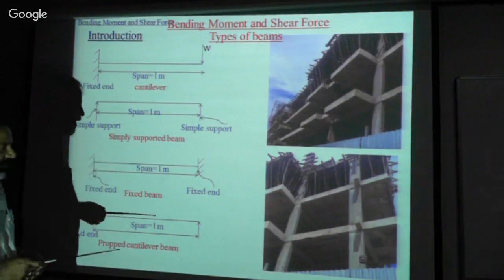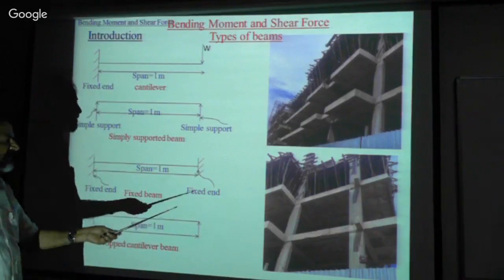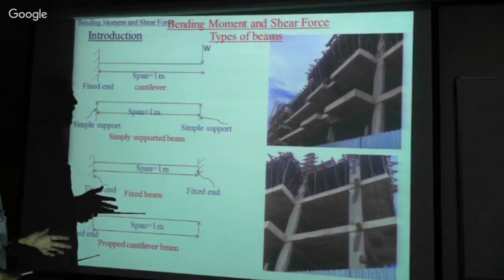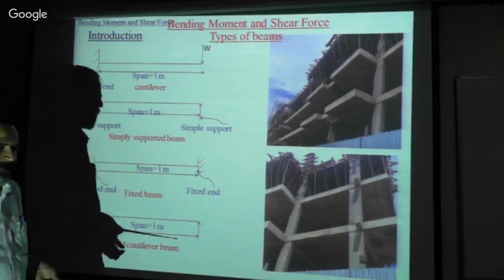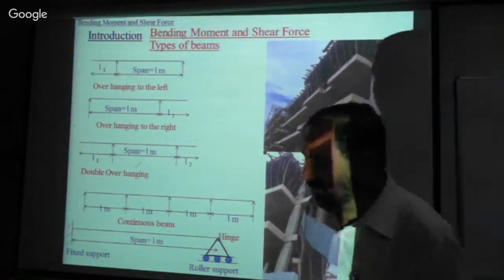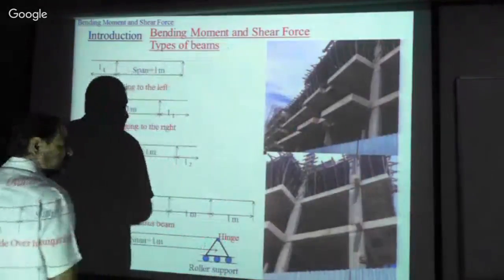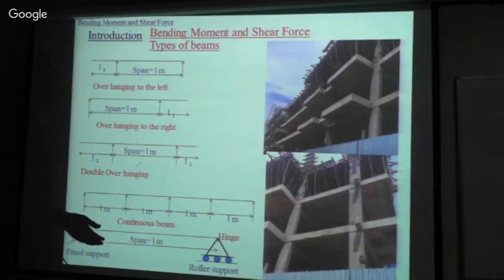Now, as a live example, I have taken a photograph from the side, and this explains the bending moment and the types of beams. Similarly, on the continuation of the types of beams, please go through the previous class.